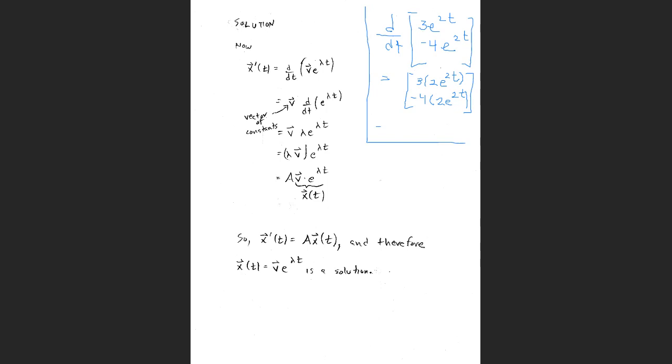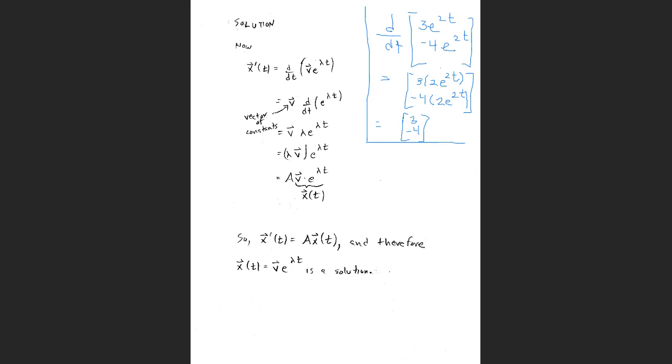And we could write that as the vector 3, negative 4 times 2e to the 2t.